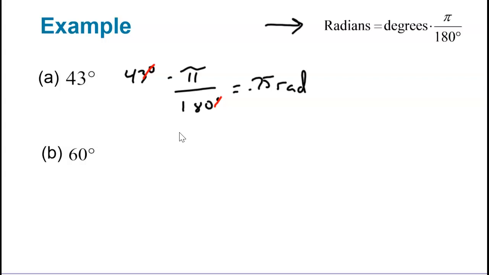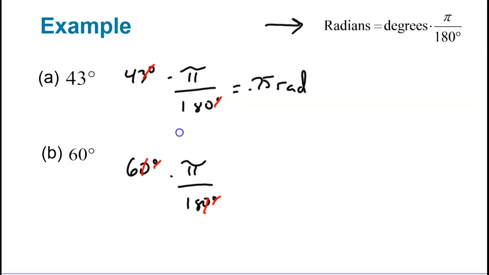Okay, we're back, and so I'm hoping that what you did is that you said, okay, I've got 60 degrees, and I'm going to multiply that times pi over 180 degrees. And in this case, I can do some fairly simple math here, and I'm going to cancel out the degrees. Also, I know that I can cancel out the zeros, and that's 6 over 18 or 3 over 9 or 1/3.